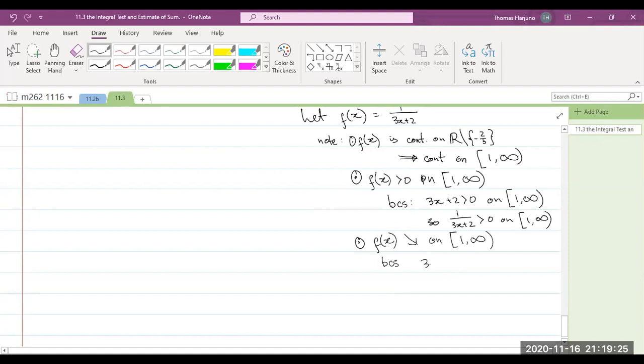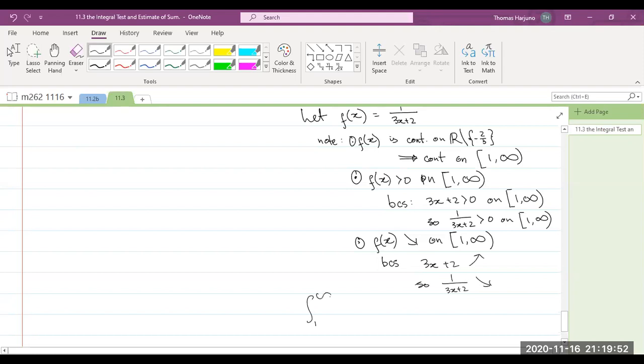Actually, because 3x plus 2 is increasing. Is that right? Therefore, the reciprocal must be decreasing. Okay? Now then you do the integral.